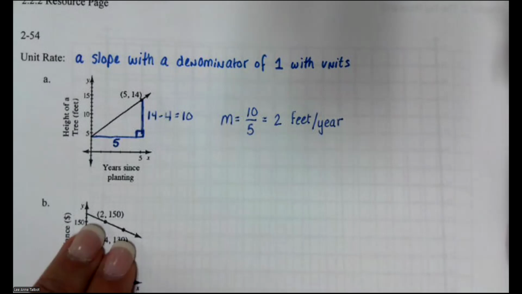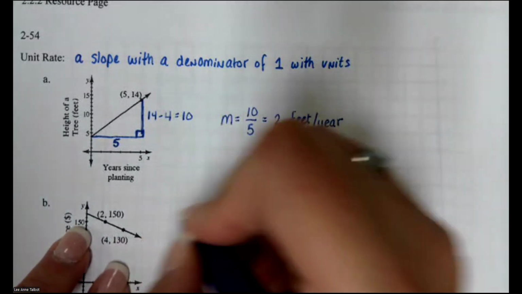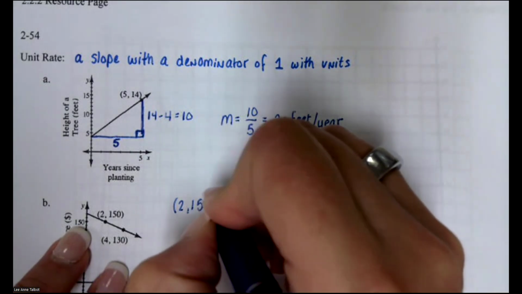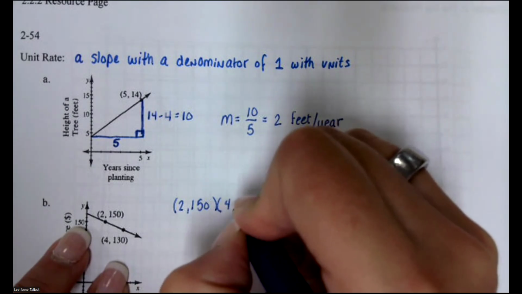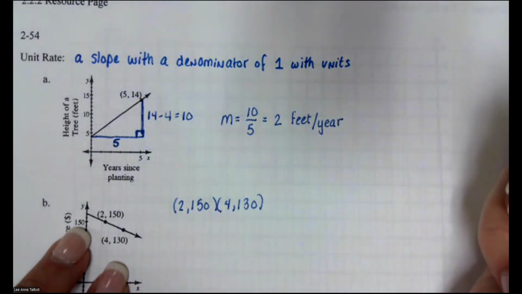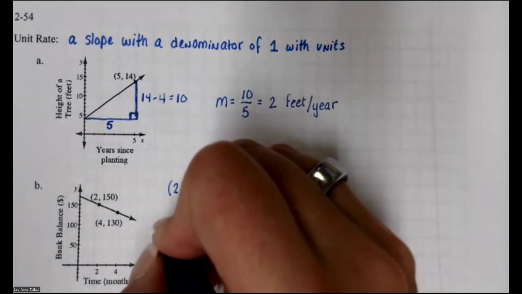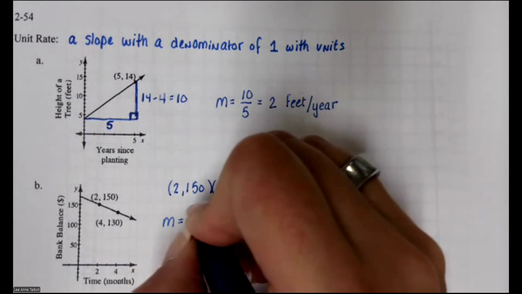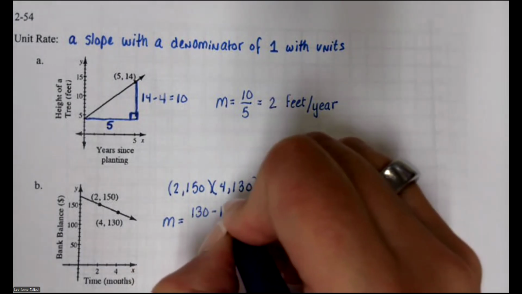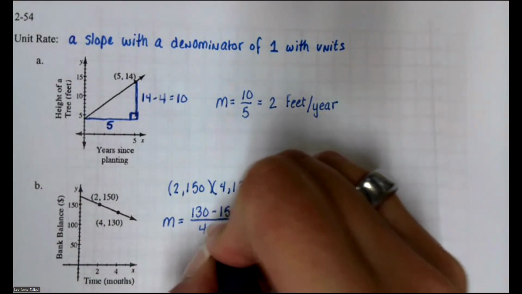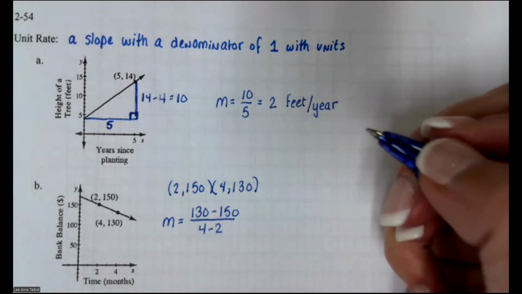Okay, now with this one, let's do the slope formula instead of the triangle. That way we practice everything. Y2 minus y1 over x2 minus x1.